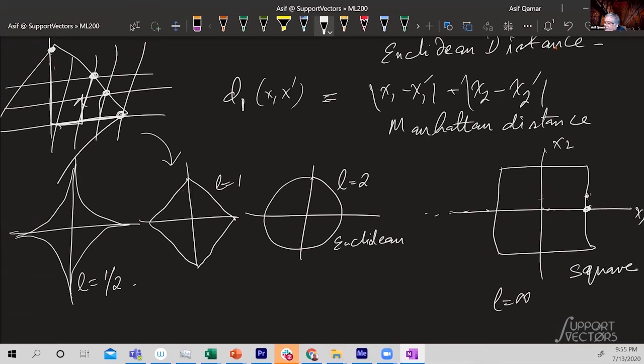So which is the bigger of the two here? This distance. So it is still this, till you reach this point, at which point you are equidistant. After that, it is the distance along this. So the unit circle becomes a square. It will take you a moment to think it through.